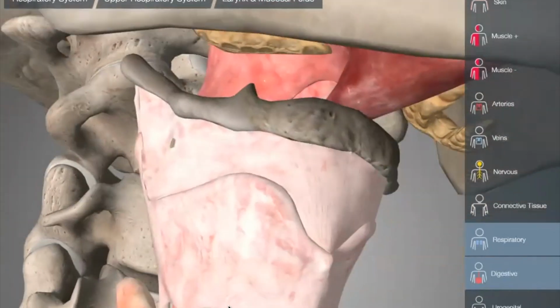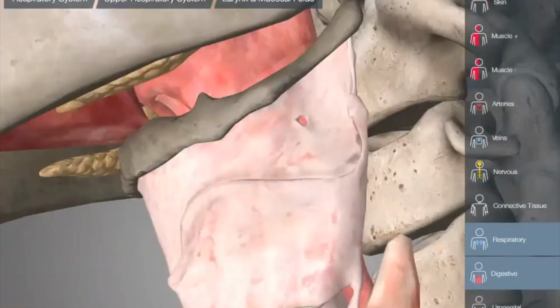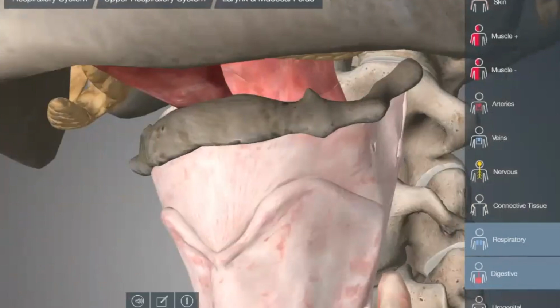And then you have something called the quadrangular membrane. I really don't know how I can show you this, but it's there. So the extrinsic ones, we know them: thyrohyoid membrane, hyoepiglottic ligament, cricotracheal ligament, median cricothyroid ligament. Intrinsic, you have the cricothyroid ligament and the quadrangular membrane.